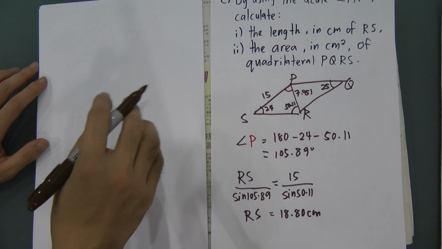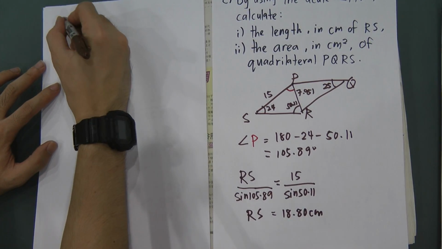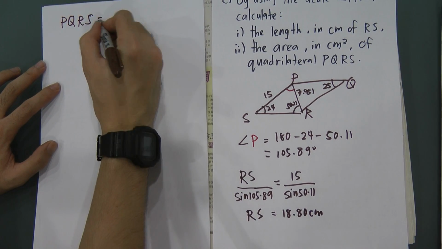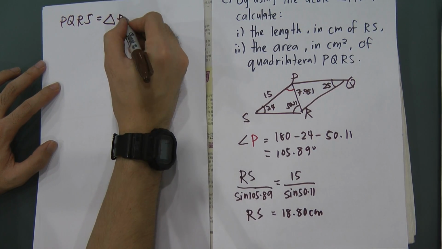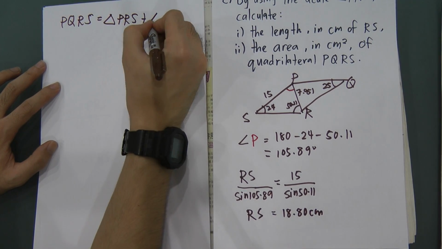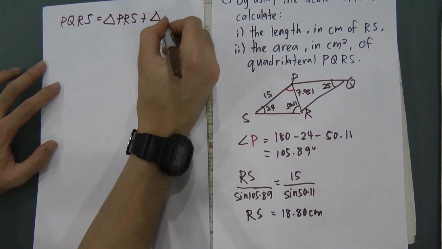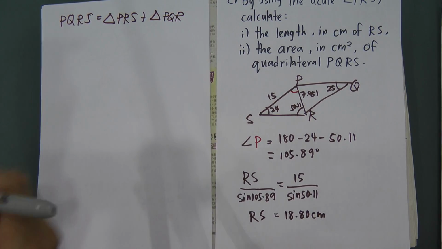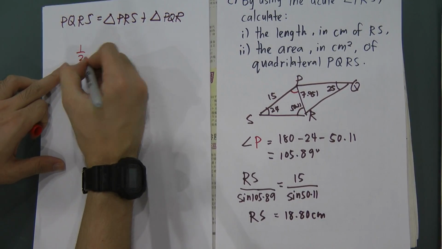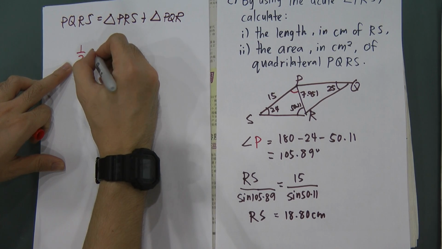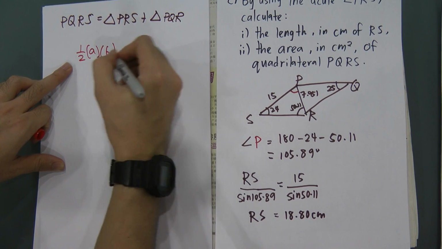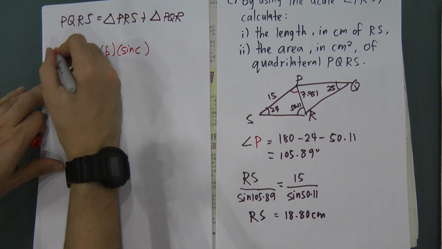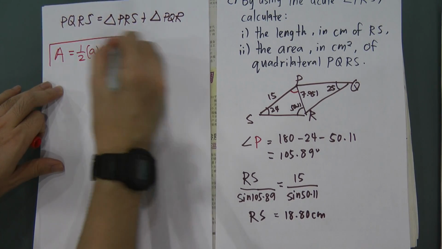So PQRS will equal triangle PRS plus triangle PQR. For the triangle, the formula will be 1/2 times a times b times sine C. This is the formula for area.